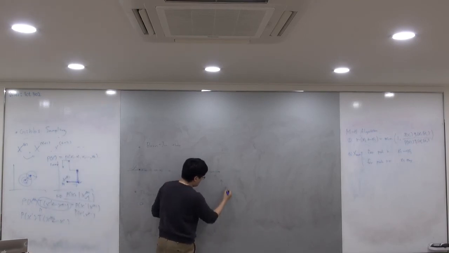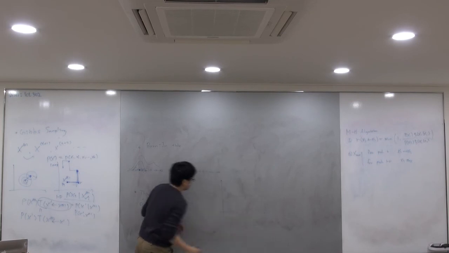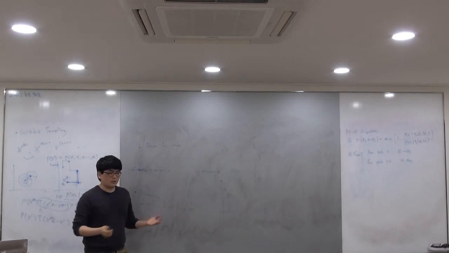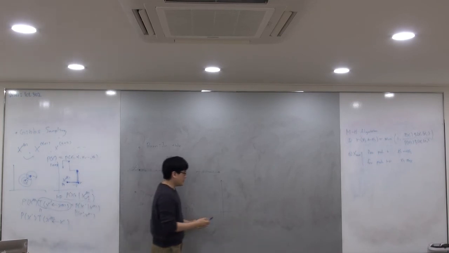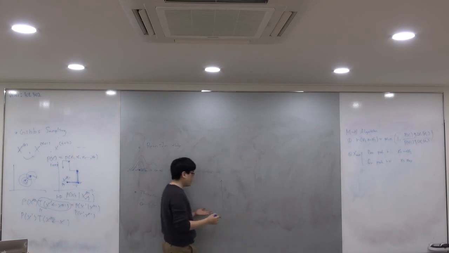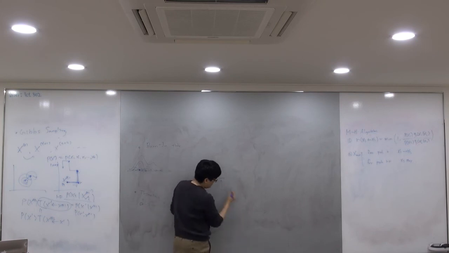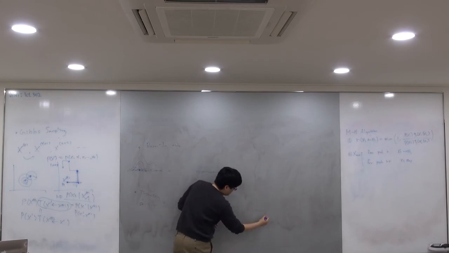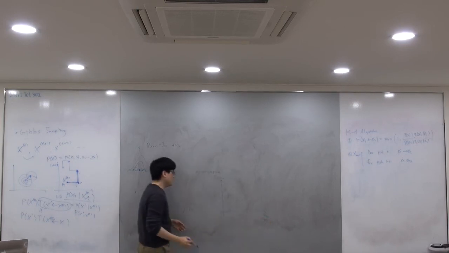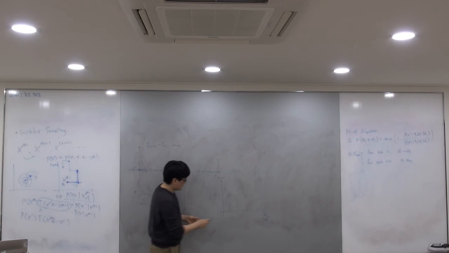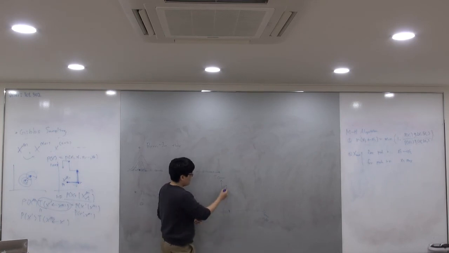If you want to make sure your MCMC algorithm is doing all right, what you need to do is correlation analysis, which is you plot the correlation here and the step difference here. If you have one step difference, you have a very large correlation.